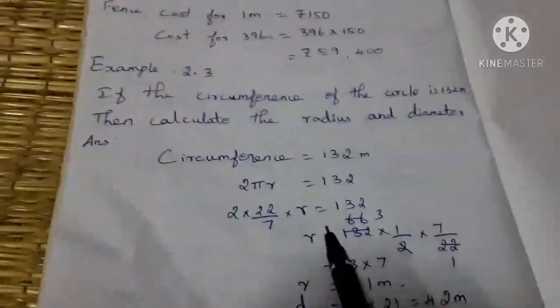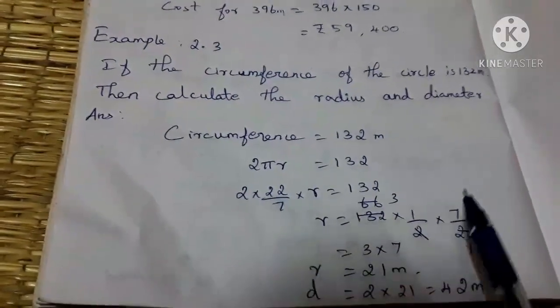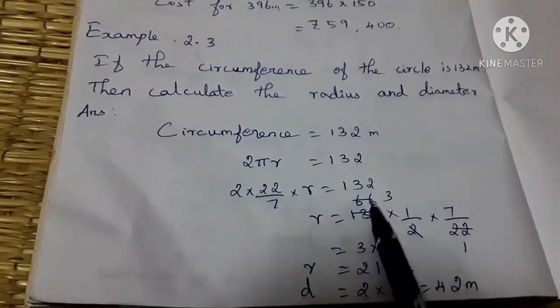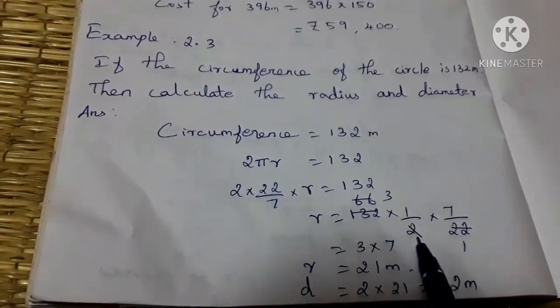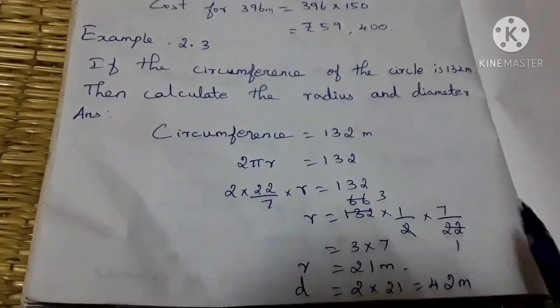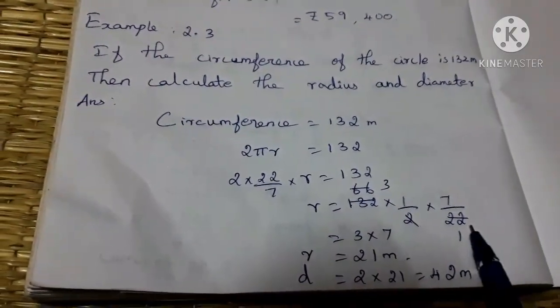Next, we want to find our radius. The values we know, we bring to the right side. 132 divided by 2 becomes 1 by 2, and 22 by 7 comes as its reciprocal, 7 by 22.